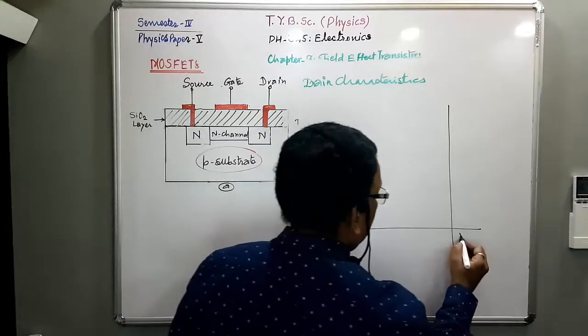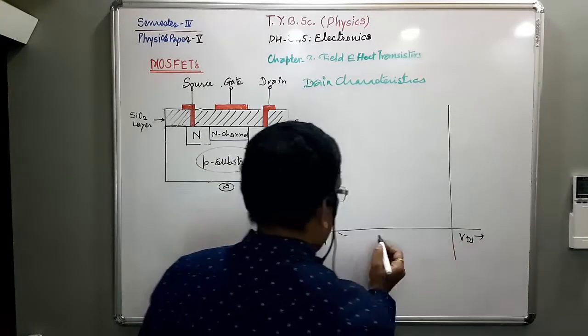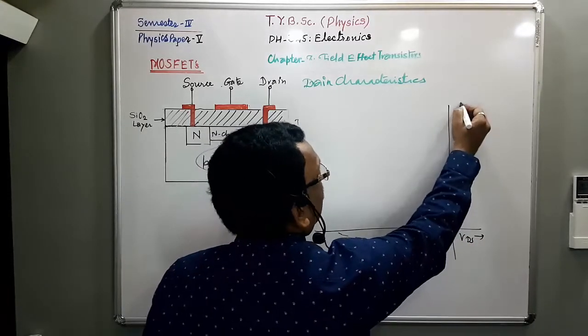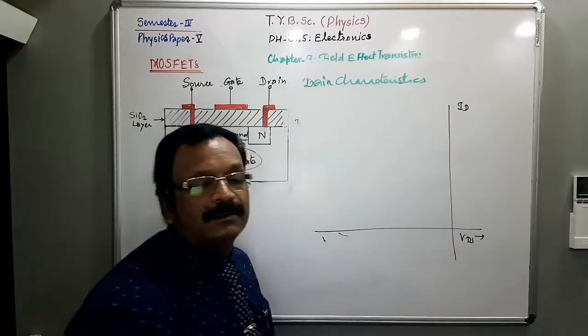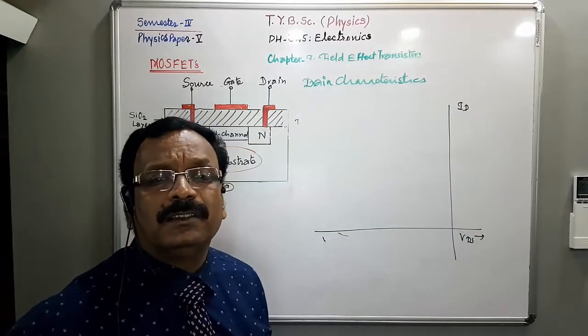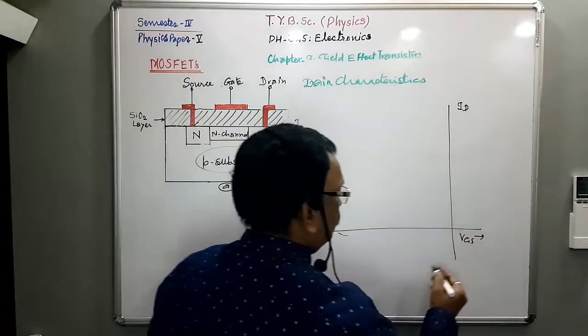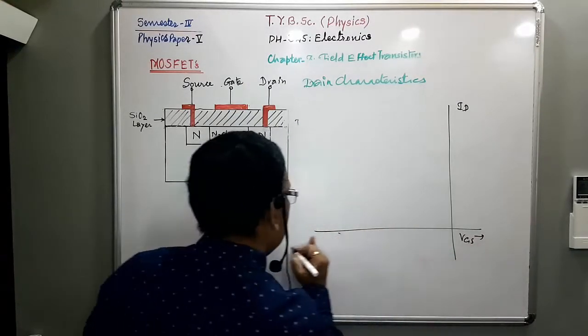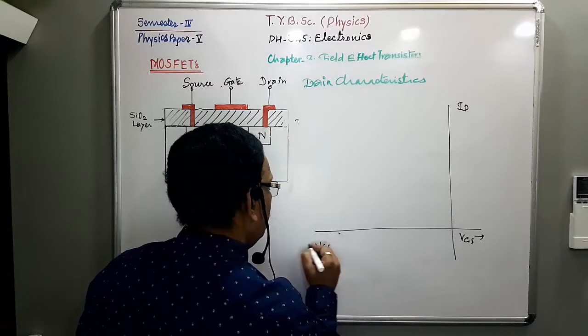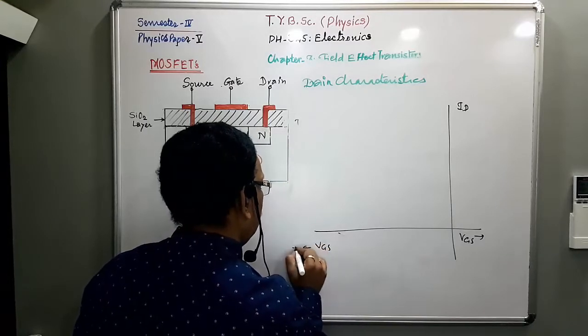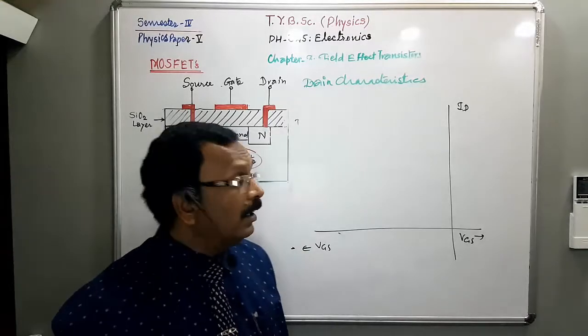This is VDS positive, and here negative, and this is ID, sorry, VGS, positive VGS, and here VGS negative. Okay.